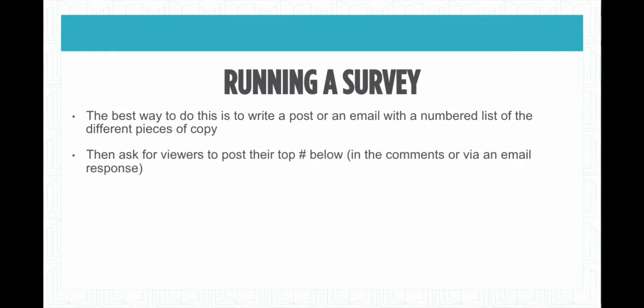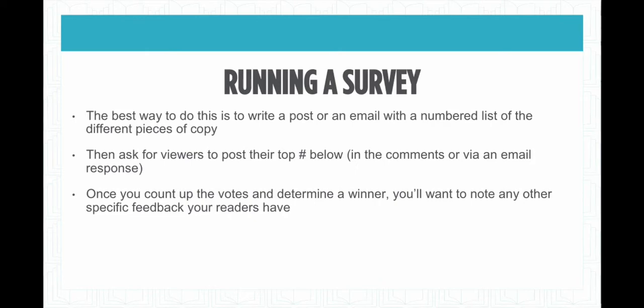People will be like, the one with the and the, and it's just easier to go with numbers. Then you're going to ask the people who view this post, whether they're in a group or via your email, to post their top number below in comments, or via an email response if you are emailing people on your list. Then you're going to count up the votes.